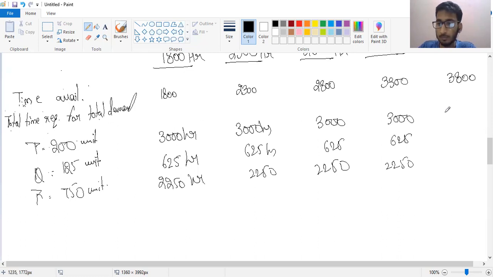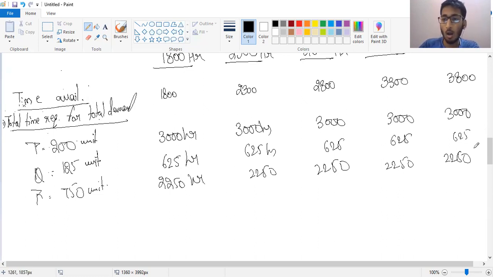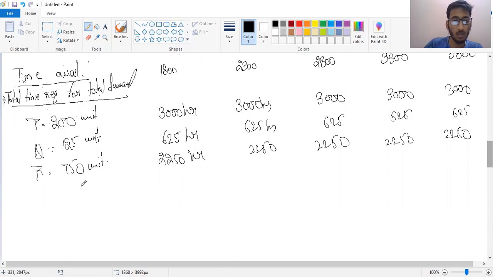I hope you guys are understanding. This is all because of formatting, why I'm taking so much time, because the question is easy. But how to do the formatting is the tricky part. So the total time required and total demand for P, Q and R is this much.